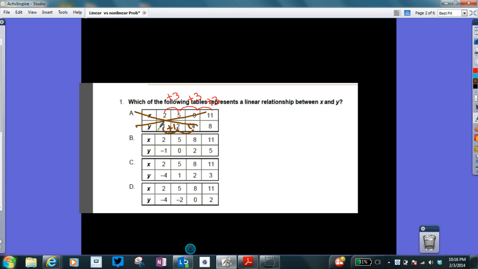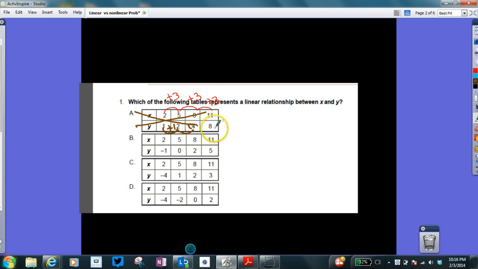Is it a function? Yes. But is it a linear function? No. When I look at my x value, my input, I'm good there. There's nothing wrong with it because I don't have any repeating domains, so I can just move on from that.